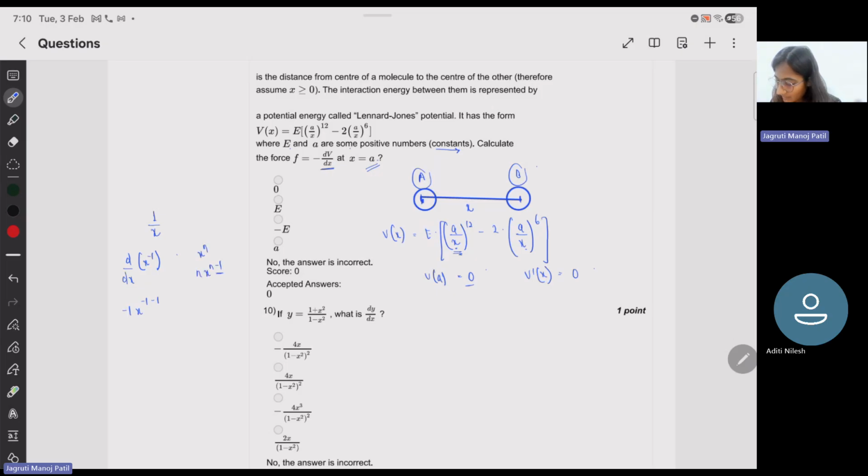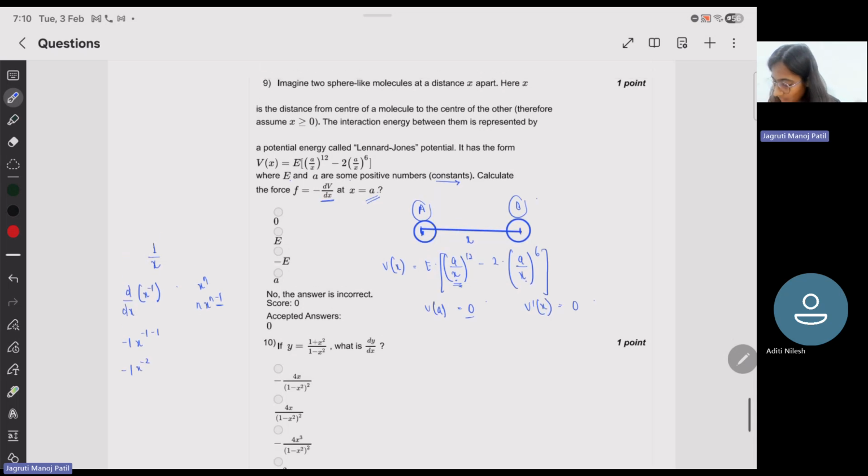So that becomes minus 1 and x raised to minus 2, which is nothing but minus 1 by x square. So you do it this way and then power 2 and then power 2. Eventually, if you evaluate it at a, that would be 0. So don't differentiate unless and until you see the original function itself. Try and evaluate it at that function first. Okay, so for this, it is 0.